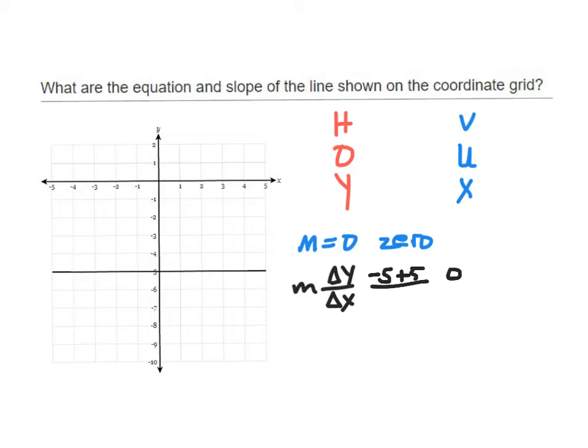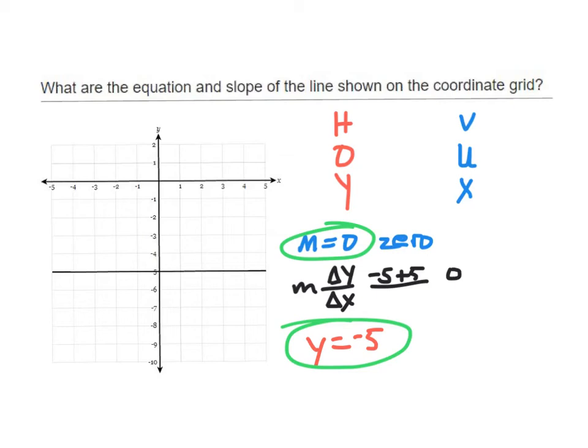So when you have 0 in the numerator, you have the 0 slope. All right, and then as far as the equation, y is always equal to the -5, so that is our equation. So we have a 0 slope and an equation of y equals -5.